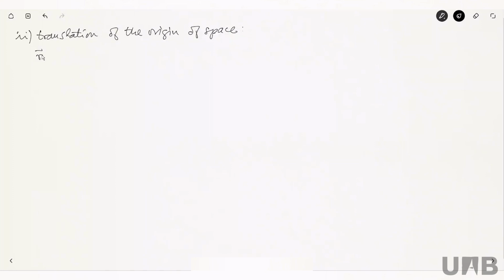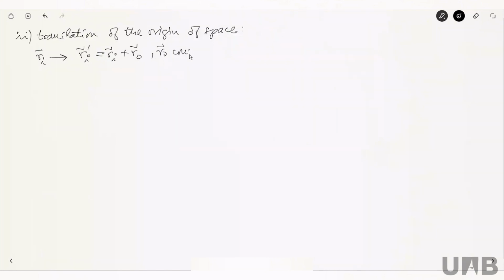Now, translation of space. Translation of the origin of space. Okay, so that is for each position, we just shift it by a constant vector R0.